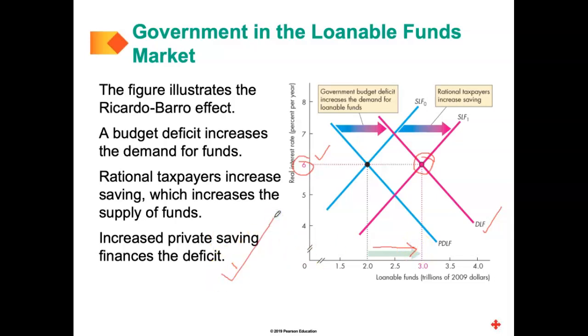So that is known as the Ricardo-Barro effect. The Ricardo-Barro effect says that nothing happens to interest rates when the government is running a budget deficit, because people will save more and balance that out. The only thing that will happen is an increase in the amount of loanable funds.